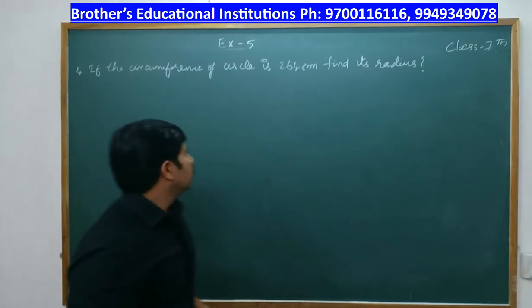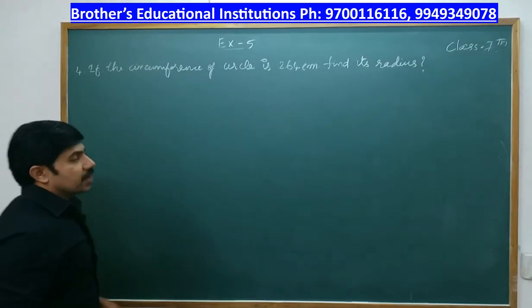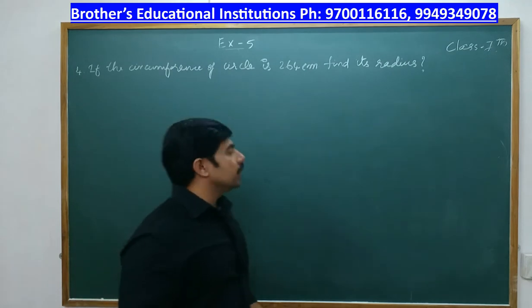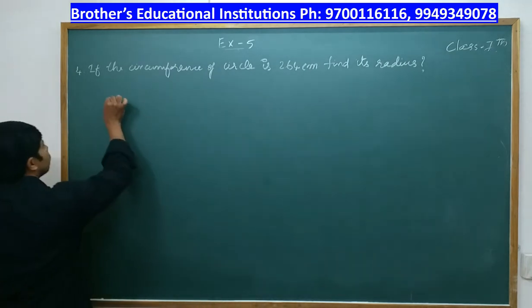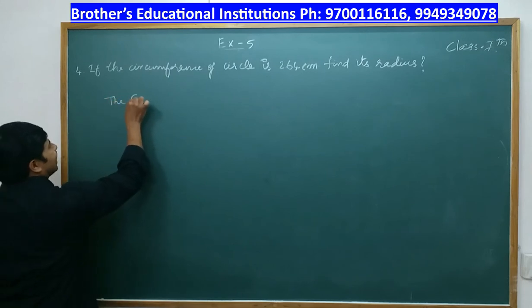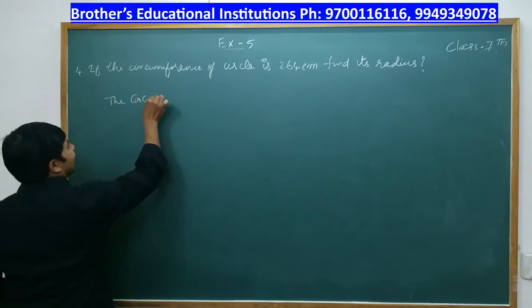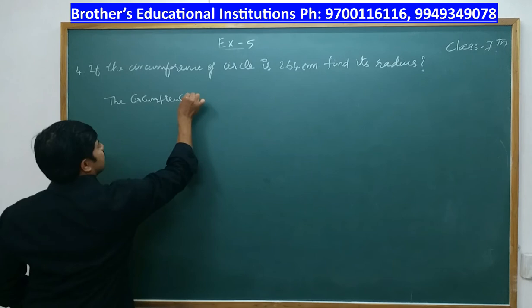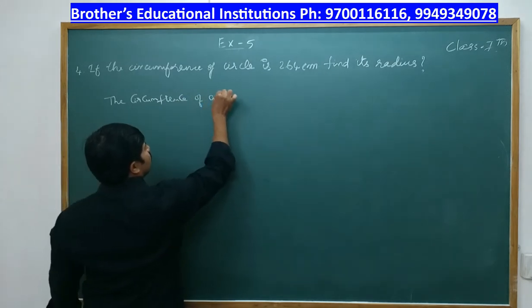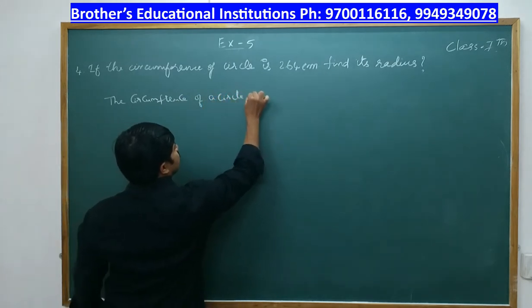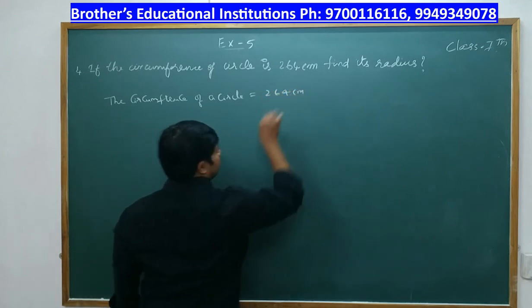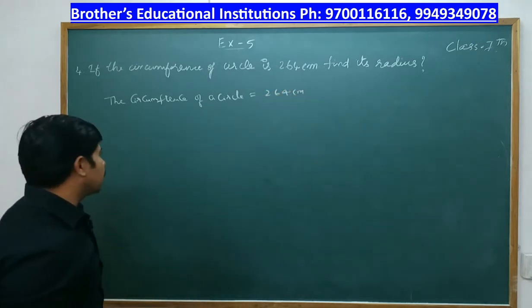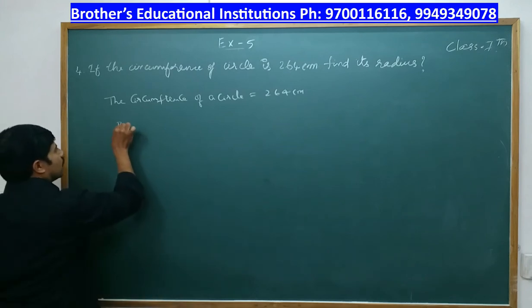Next problem. If the circumference of a circle is 264 centimeters, find its radius. Okay. Now we will write down the circumference of a circle: it is equal to 264 centimeters. But what is the circumference of a circle when the radius is r?